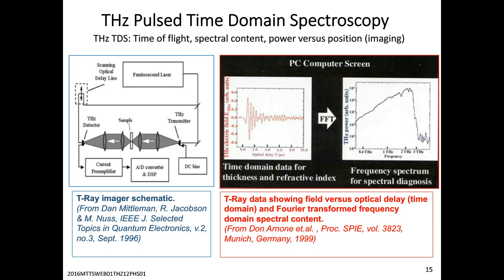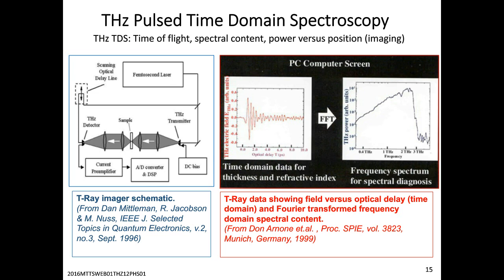impinge that optical beam on a terahertz detector or a detector that converts the optical energy into a terahertz modulation, and send the other side of the beam from the optical laser into a terahertz generator, an optical switch or a photoconductive device. And then by scanning the optical delay line, you can build up an interferogram, which you can see on the chart in the middle.